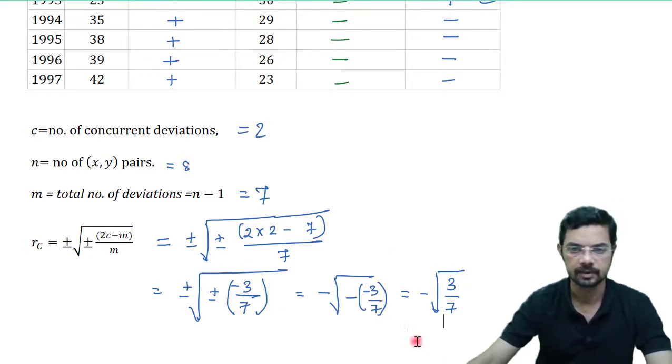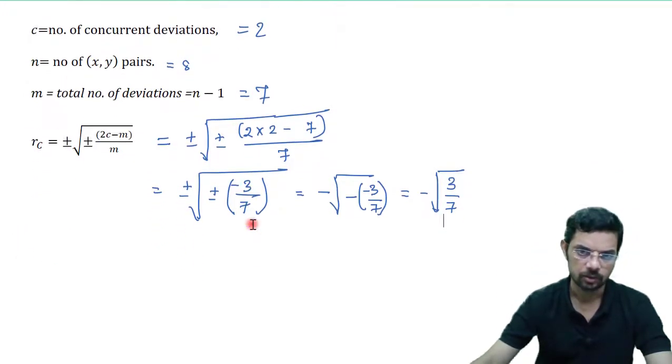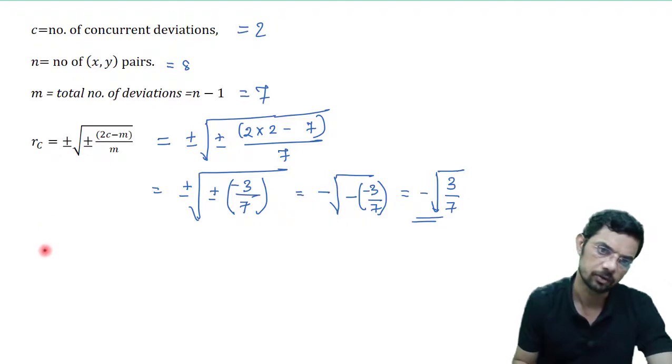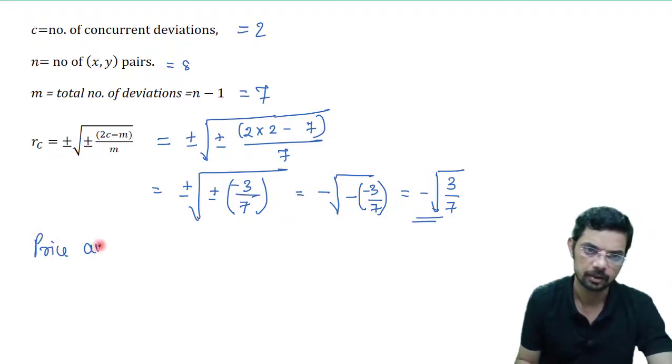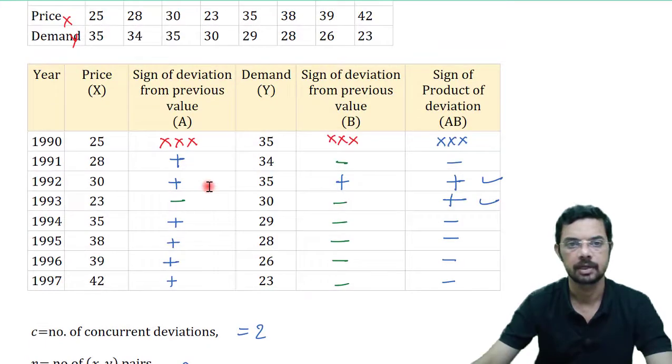What this says is that we are interested in the sign of this value, the sign of correlation. We will say that the price and demand are negatively correlated. The value is negative. Price and demand are the two variables, one is x, the other one is y.